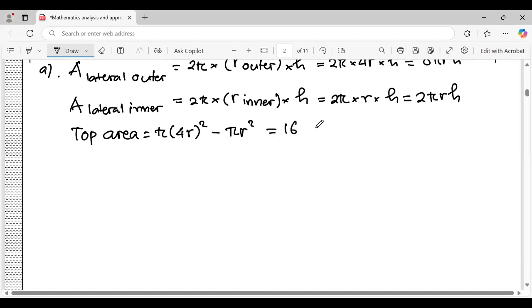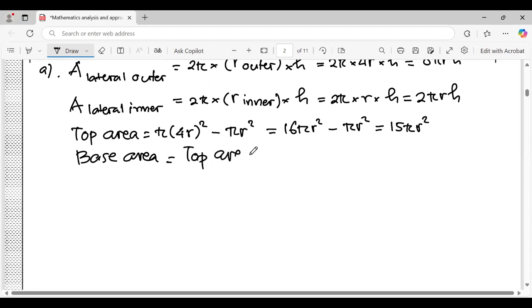It is 16 pi r squared minus 1 pi r squared, equal 15 pi r squared. The base area is the same as the top area. It equals 15 pi r squared.